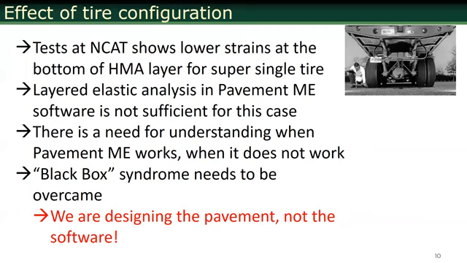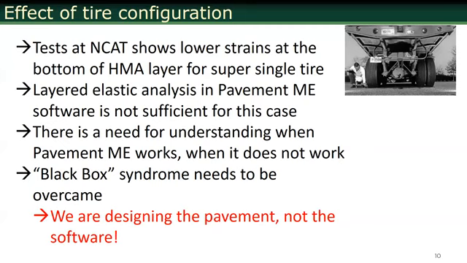Yeah, and also you need to really look at the tire footprint, whether it is circular or more square. Illinois did a lot of study on actual tire footprint and how that affects the actual damage and strains and everything. So those things need to be considered as well.